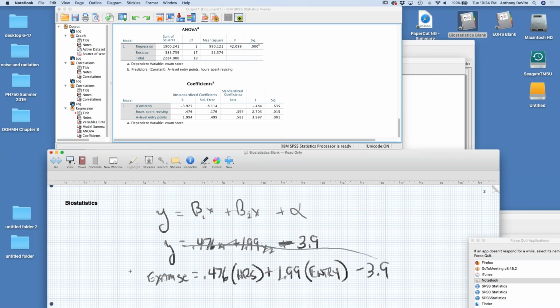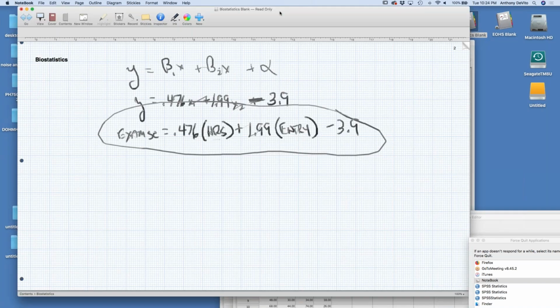And that is our formula for our multiple regression. That one appears to be a better predictor than when we just looked at hours and exam score. So that's what multiple linear regression does for us. It allows us to build more than one predictive variable into our equation. I won't ask you to solve a multiple linear regression problem on the exam.